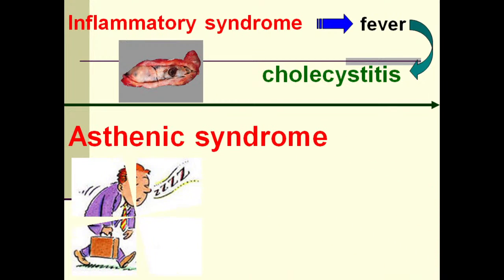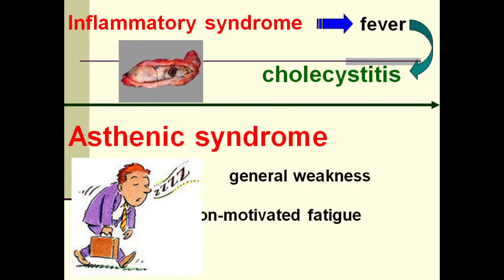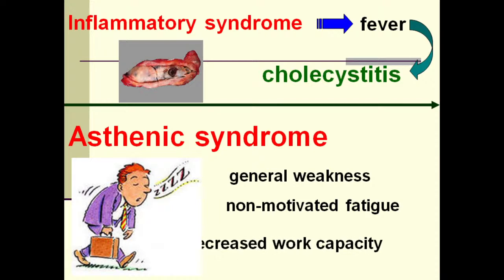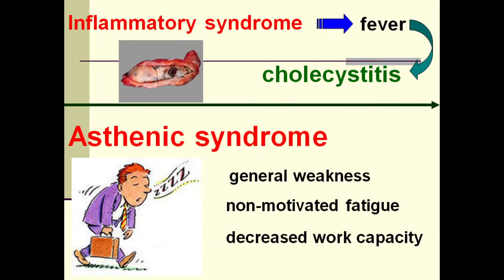I separate it from all other problems because it's not specific. It may be in any disease, and if you remember, I told you, asthenic syndrome indicates the activity or gravity of the pathological process.